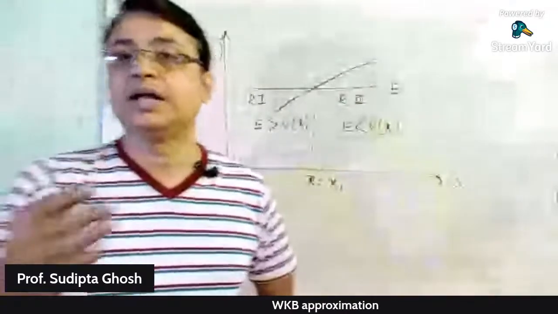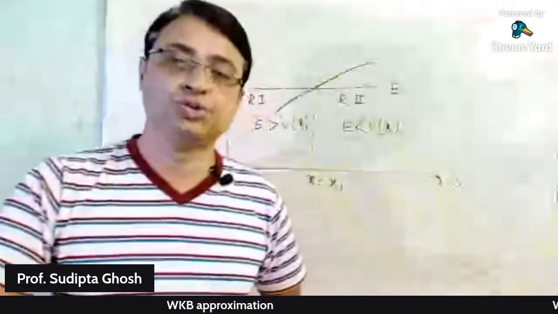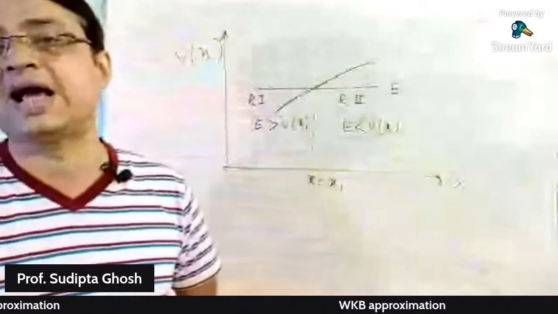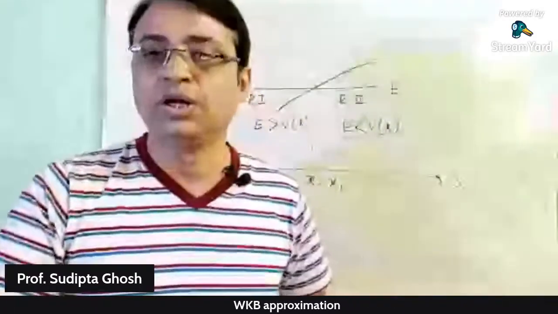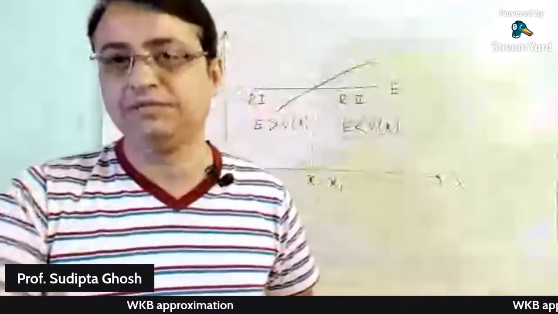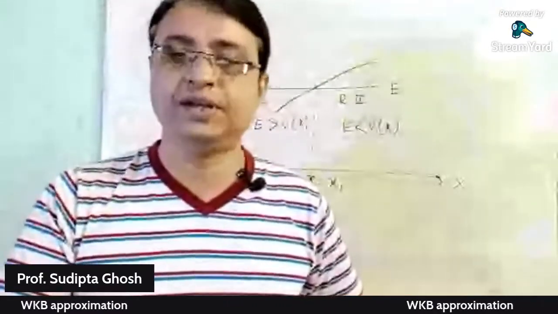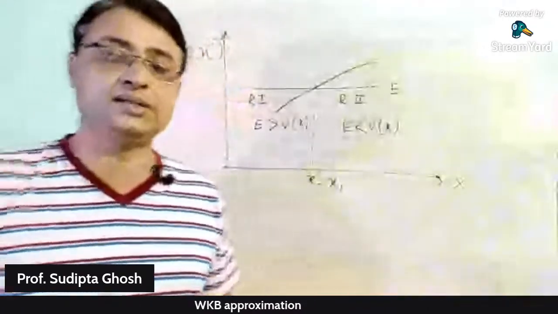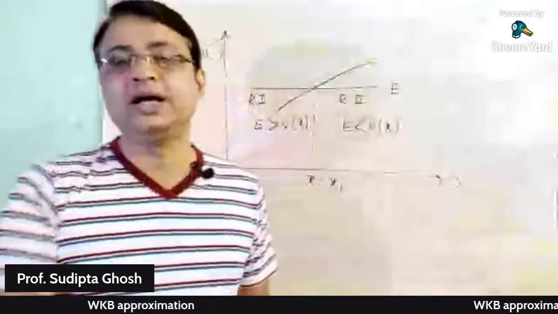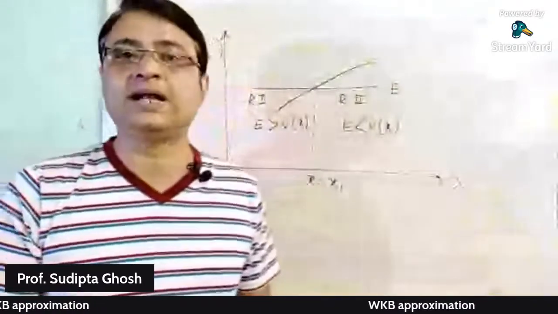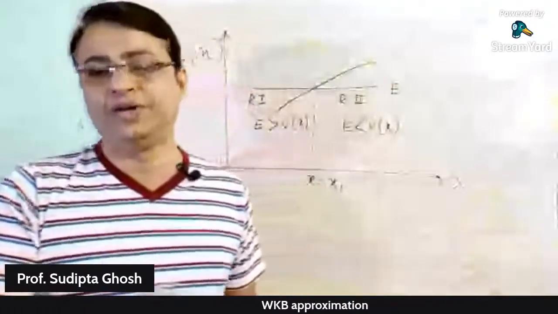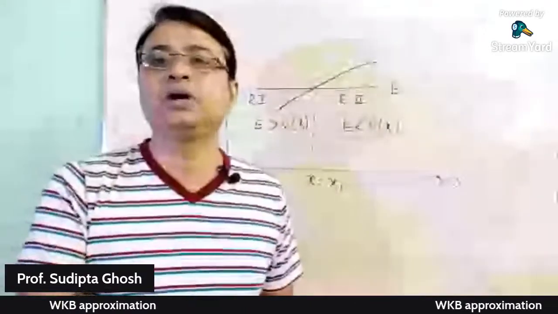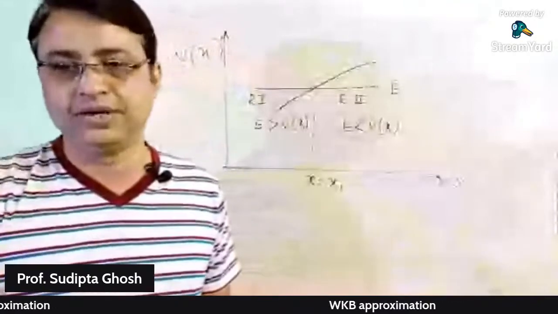That means k or gamma tends to 0, and the consequence of k and gamma turning 0 is that psi becomes infinity. Psi becoming infinity is not a case to be discussed in quantum mechanics. It cannot happen. So here we can conclude that for E equals V(x), the WKB approximation fails, because psi becomes infinity.